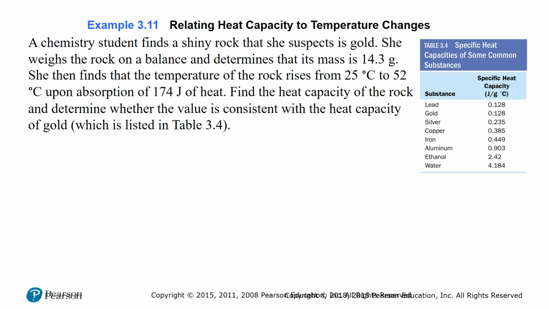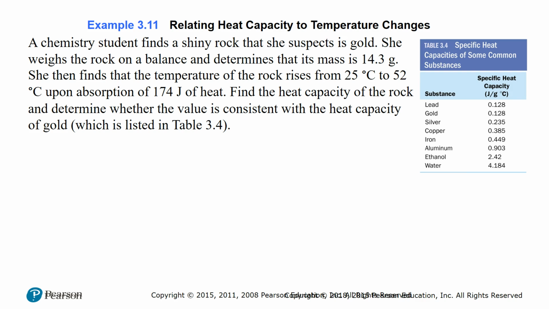Let's look at another one. I'm going to give you an opportunity to work this one out on your own. It says a chemistry student finds a shiny rock that she suspects is gold. She weighs the rock on a balance and determines that its mass is 14.3 grams.